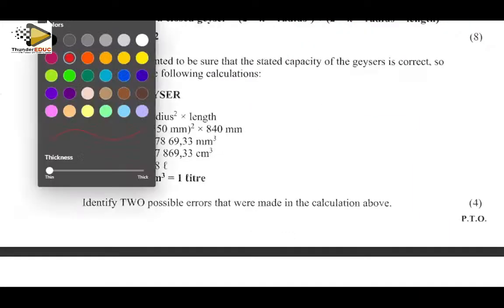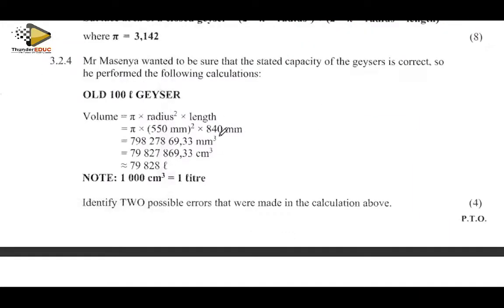3.2.4, we are here. Mr. Masanya wanted to be sure that the stated capacity of the geysers is correct. So he performed the following calculations for the old geyser. Identify two possible errors that were made in these calculations.